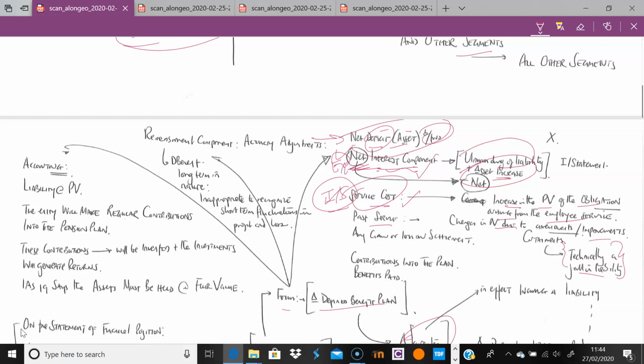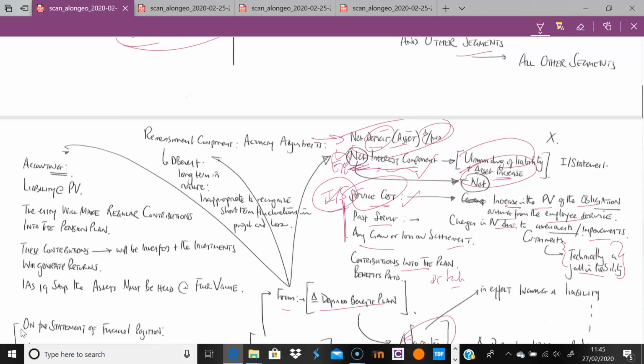You might actually be giving them more benefits in the future, so that's a bigger expense to hit you. And then, of course, all these will go through the income statement. So in terms of recognition, it's important to know where that goes. Contributions into the plan mean money coming straight into the plan.